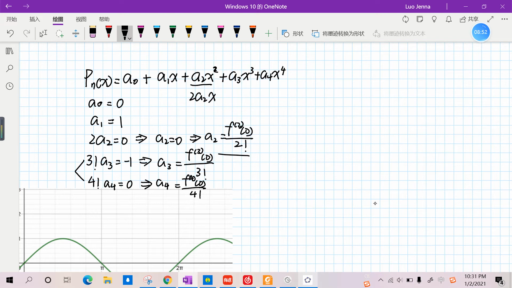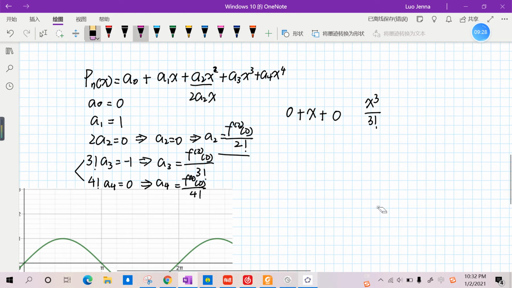So it is a0, it is 0, plus x, plus 0, plus x cubed over 3 factorial, and plus 0 and so on.